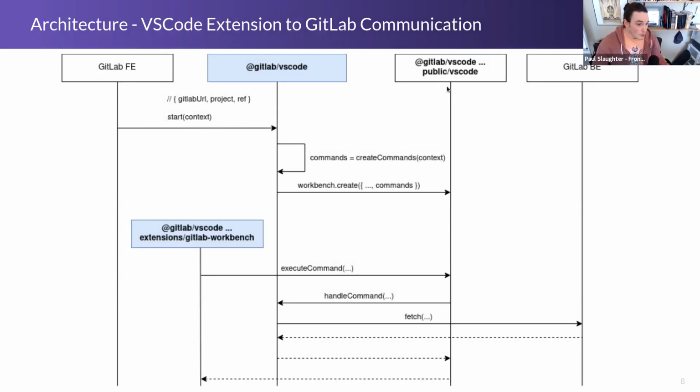So the mediator is commands. When we bootstrap VS Code from that iframe that I showed earlier, you can list commands that any extension can reference to execute whatever you want. We're treating these commands as a very thin mediator layer for making whatever fetch requests we may need, specifically for getting the file content or the file tree. We're able to do that when we bootstrap VS Code, and then the extension is able to use those commands.